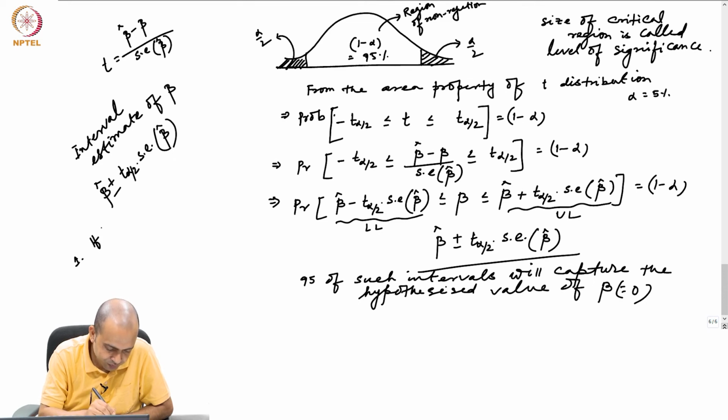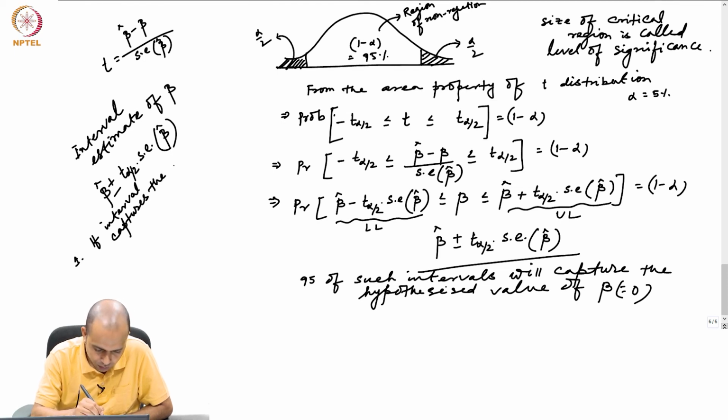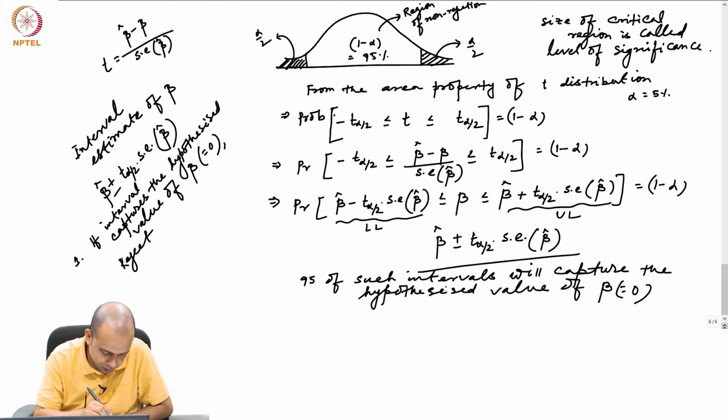If the interval captures the hypothesized value of beta which is equal to 0, then do not reject H naught.